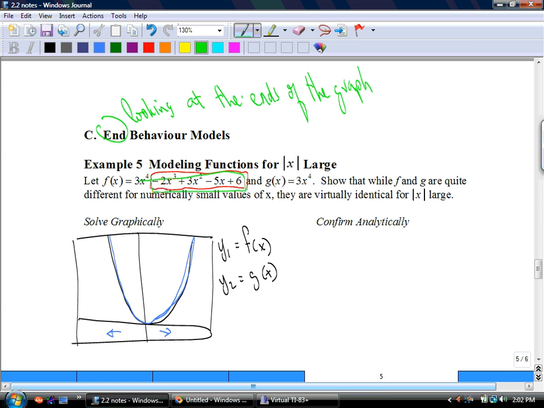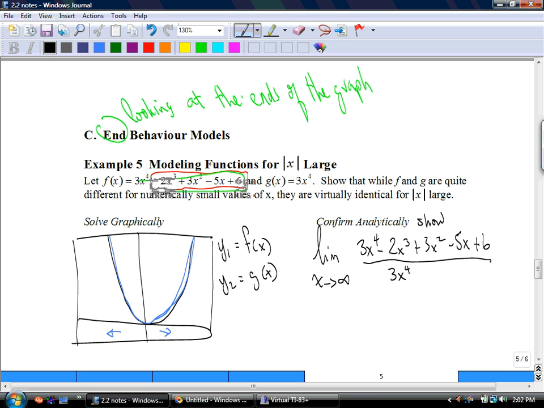So confirm analytically, well, all that means for you to do is to show the limit as x approaches infinity of 3x to the 4th minus 2x cubed plus 3x squared minus 5x plus 6.